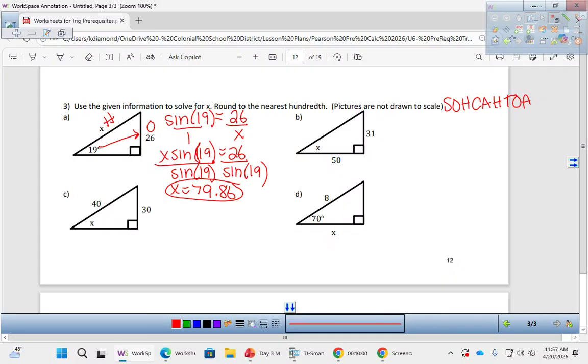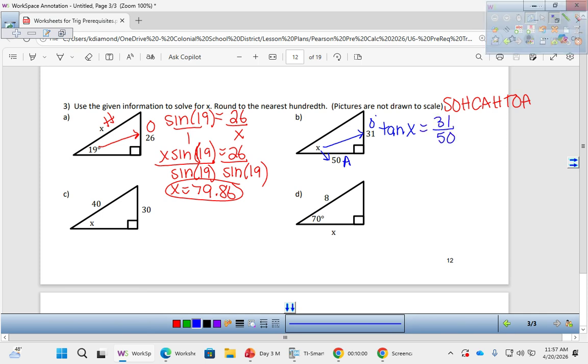All right, next one. I've got my angle, I've got opposite, and I've got adjacent. I don't have across from the 90, so I don't have the hypotenuse. I have the opposite and the adjacent, which means I'm working with tangent. So tangent is the opposite leg over the adjacent leg.